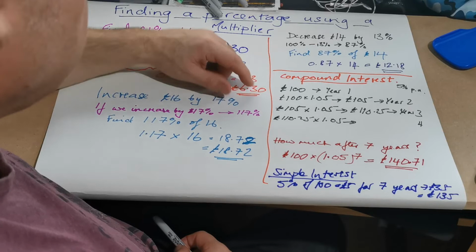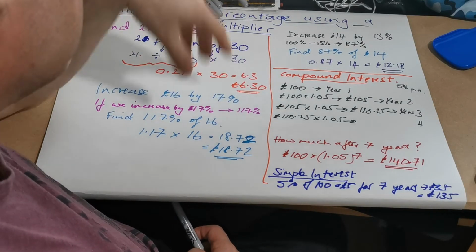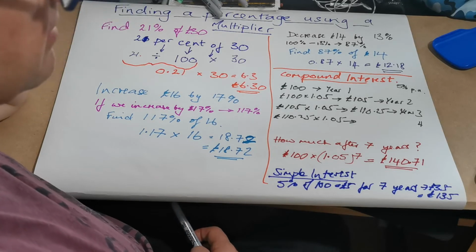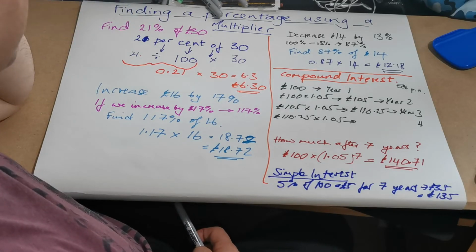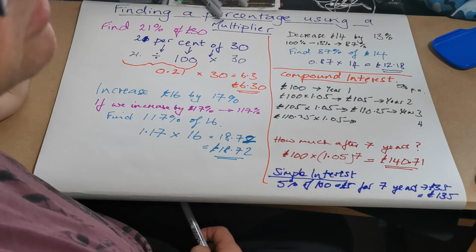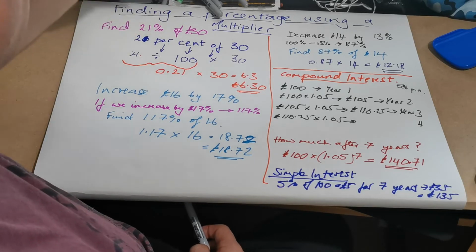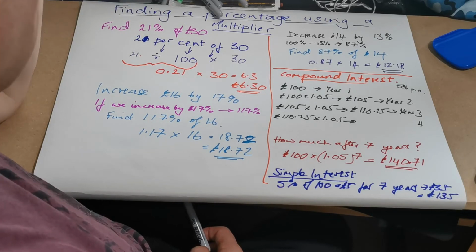Okay, hopefully that's a little bit of an intro to you. This idea of multiplying, I use that when I'm doing percentage questions all the time. I wouldn't bother saying what's 1%, what's 10%, what's 5%. I just go straight in, 21% of, so divide by 100 and then times.